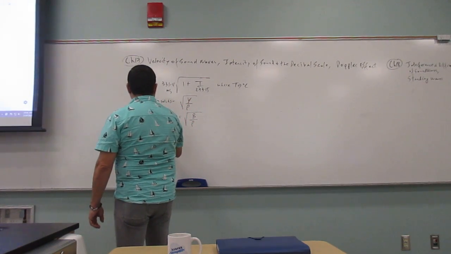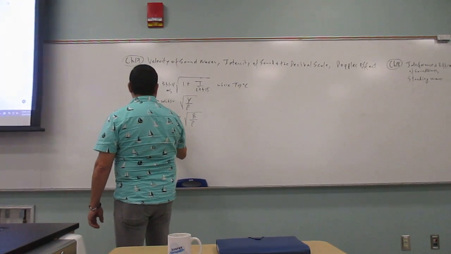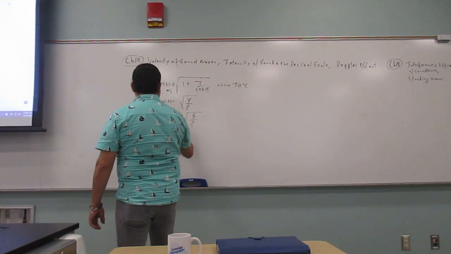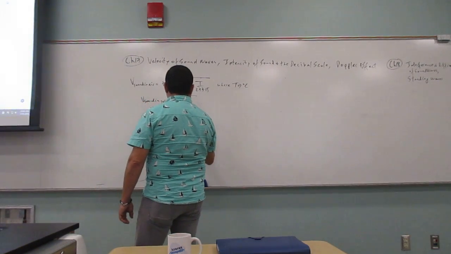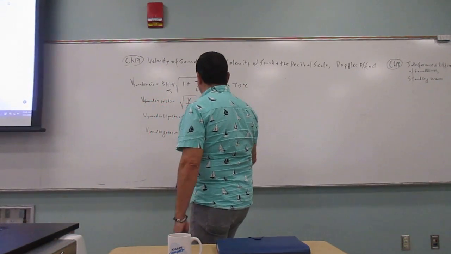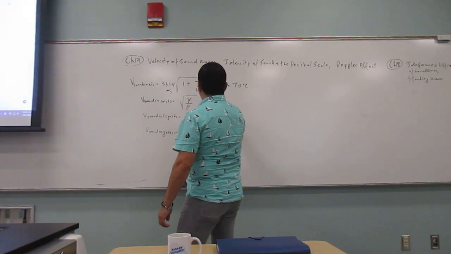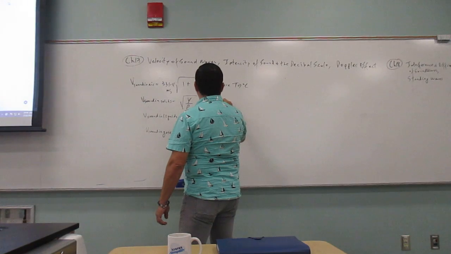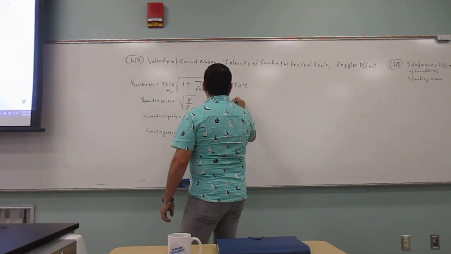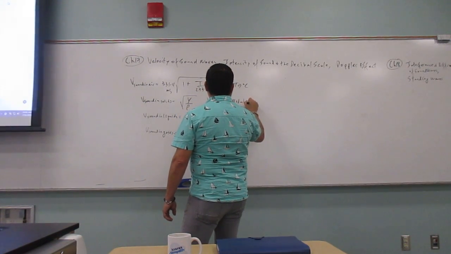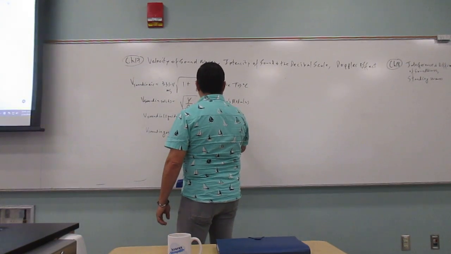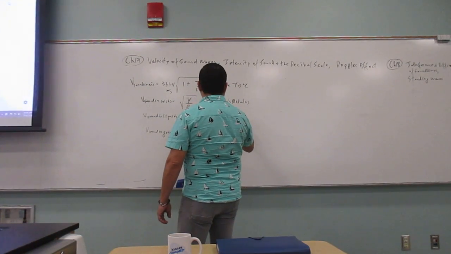And then velocity of sound in gases is the square root of the bulk modulus over the density of the gas. So these equations are pretty much the same. This Y is the Young's modulus, and then B is the bulk modulus.